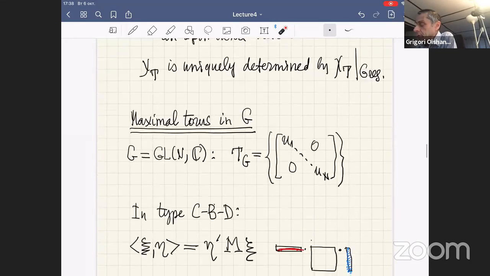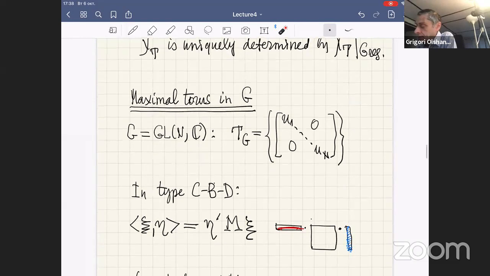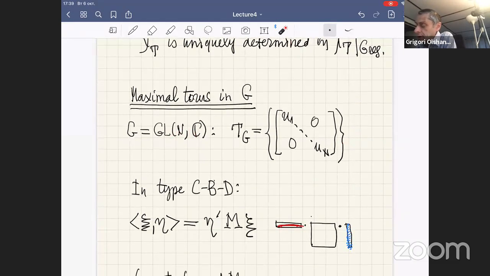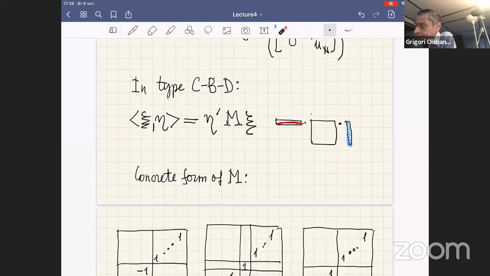Next, we need the maximal torus in our group. It is obtained as follows. In the case of GL_N, it's very simple: we just take the diagonal matrices. What to do in types C, B, D? In types C, B, D, we need a bilinear symmetric or skew-symmetric form.